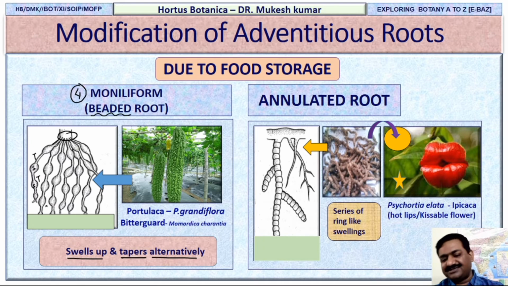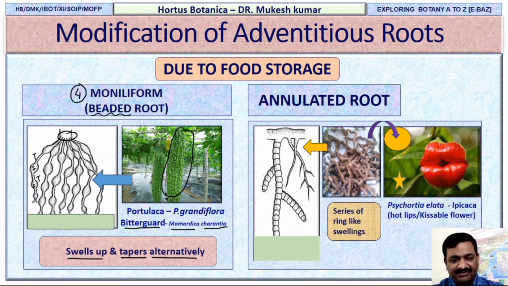Interestingly, you will find the same structure not only in the root but also in the fruit. Whenever we talk about bitter gourd, Momordica charantia, you find these are the fruits. In general, we use them as vegetables, no problem, but it's a fruit vegetable, right?